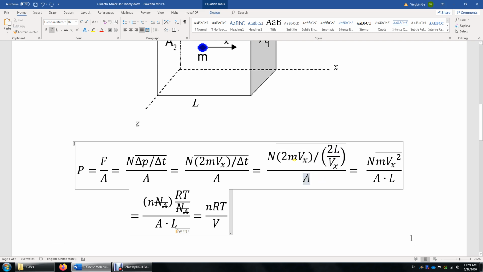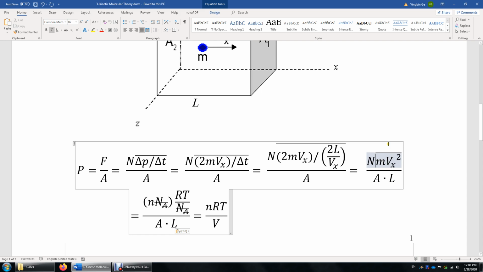So by doing this simplification, the result of pressure is: we still have this n here, the number of particles, times the average of this m times vx squared. Again, this is vx over 1 over vx, which is vx squared. So this is what's on top. On the bottom, we have A times L. Again, A times L is going to be the volume of the box.